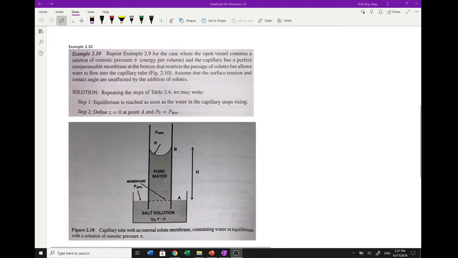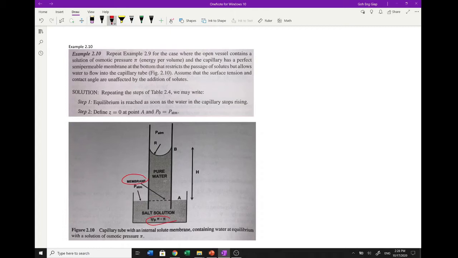Assume that the surface tension and contact angles are unaffected by the addition of solute. So you see here, you have a solute at the bottom that creates the solute potential of negative pi. I change to red so you can see clearly. And then there is a membrane that prevents the solute from going upward.